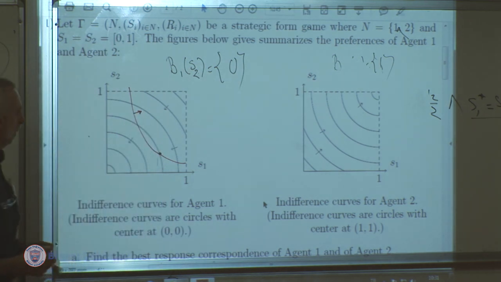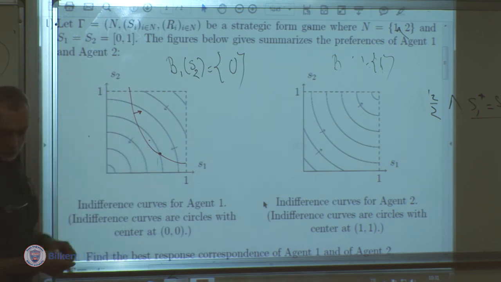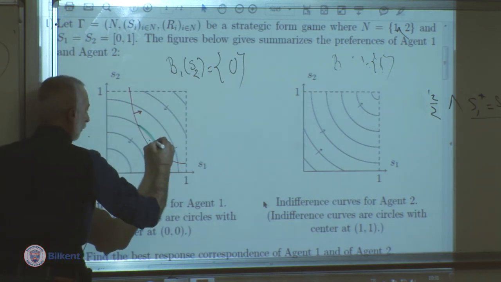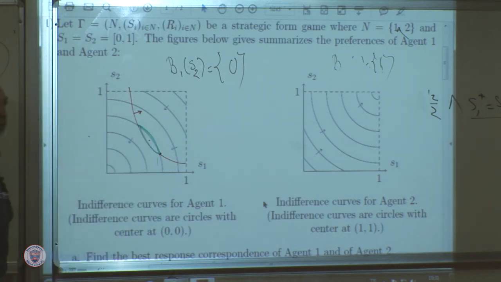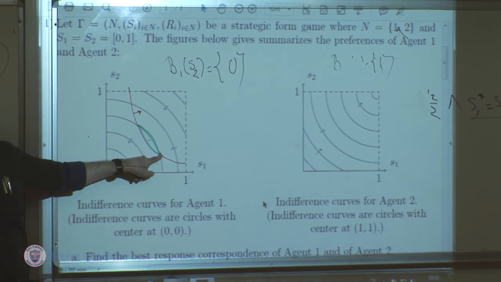From this picture, I see that any point in the region bounded by this green curve Pareto dominates this point. So this point cannot be Pareto efficient.